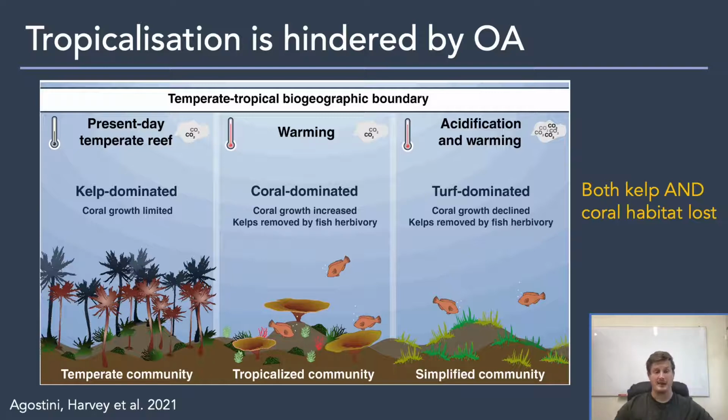And in this case, you therefore are left with a turf dominated system which had lesser complexity and habitat provisioning than either the corals or the kelp forest, leading to an overall decline in the state of the ecosystem.